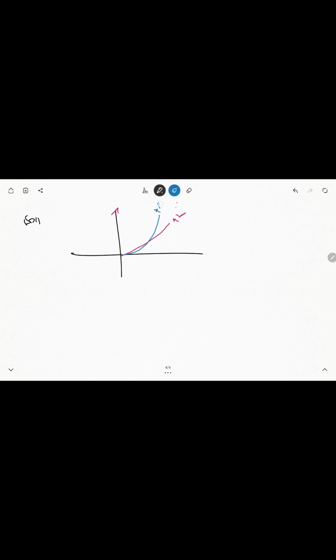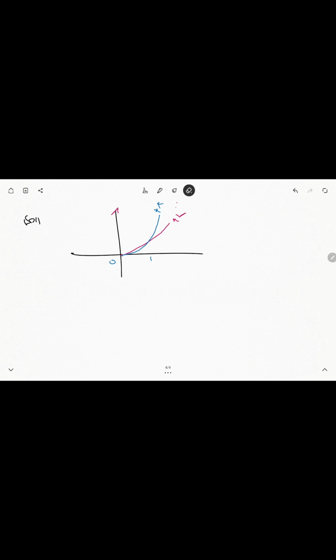They meet at 0 and 1, because x square and x power 4 meet at the origin and at 1 comma 1. So the number of points of intersection is 2, so the number of solutions is 2 for these two graphs.